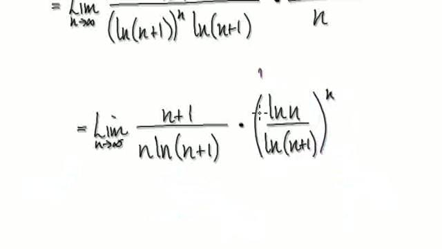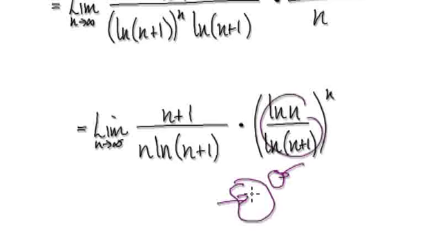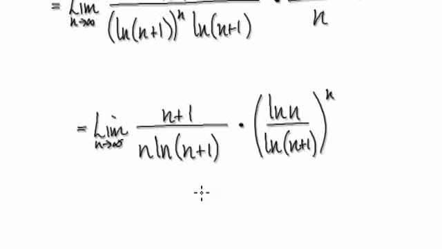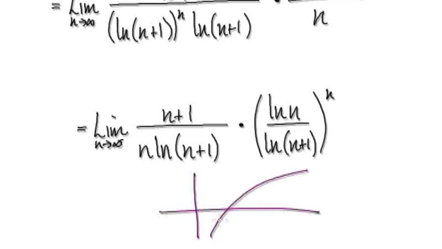So here, the reason why this is complicated is you've got one bubble to the power of another bubble. This bubble here wants to get bigger and bigger, but then this thing here, don't forget, the ratio of the two is always less than 1. It's definitely going to be less than 1 because, hang on, natural log is always increasing. Your n is here, your n plus 1 is here.